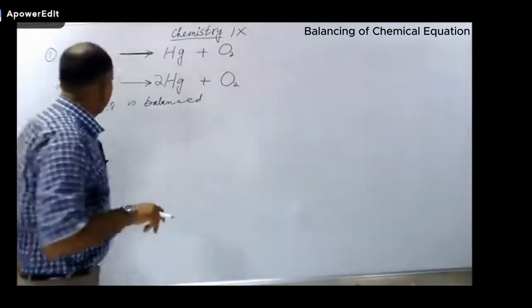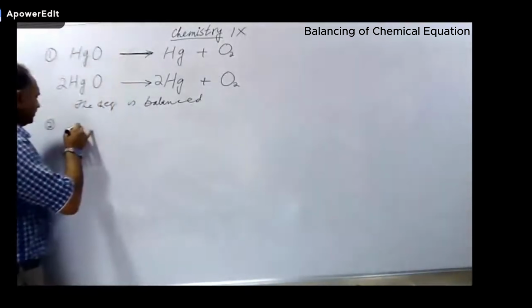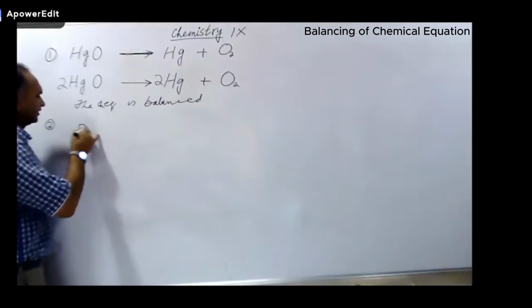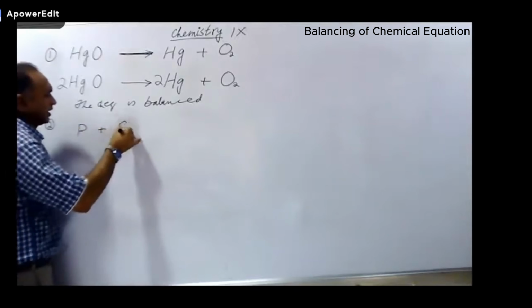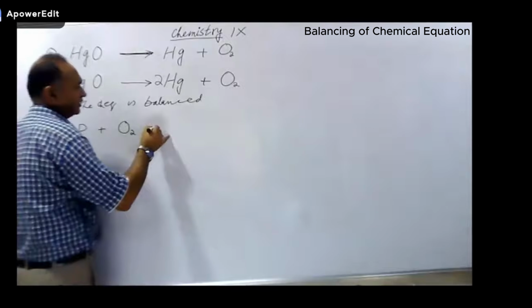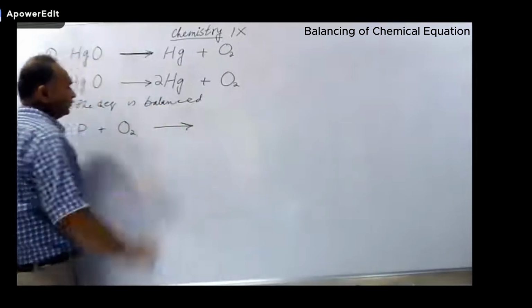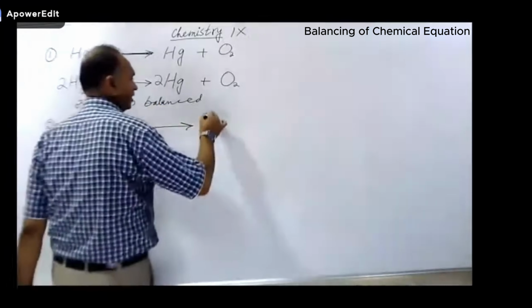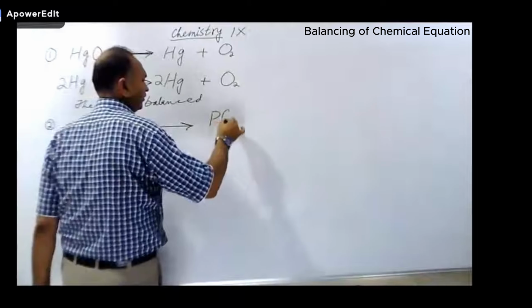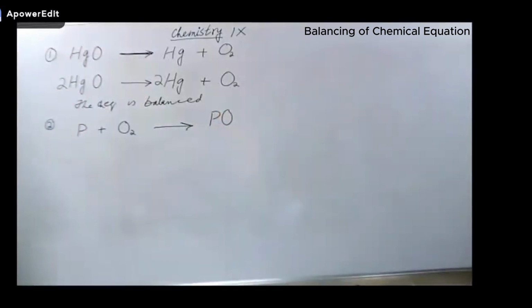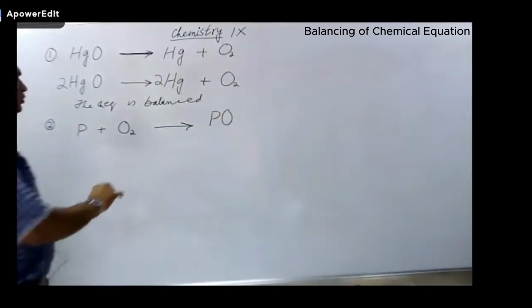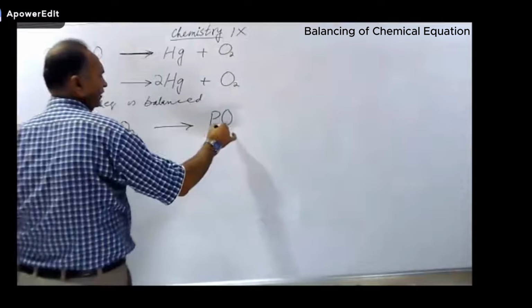Go through it. Now suppose phosphorus plus oxygen, and it's forming phosphorus oxide, P2O5.